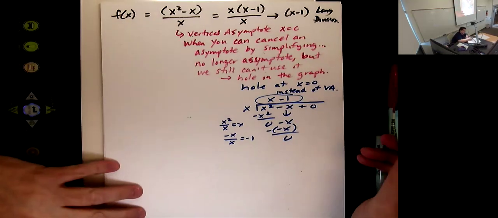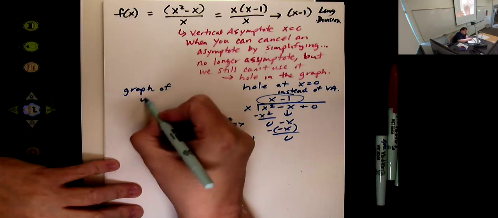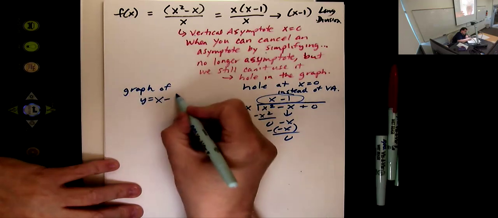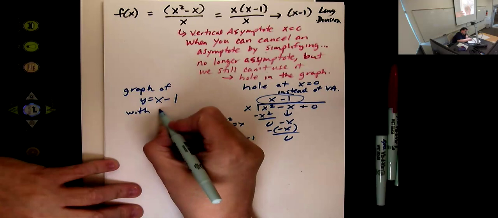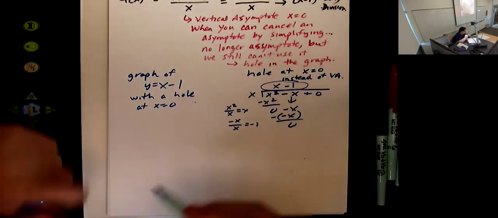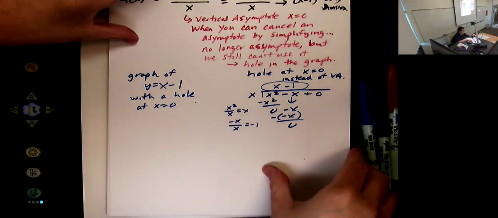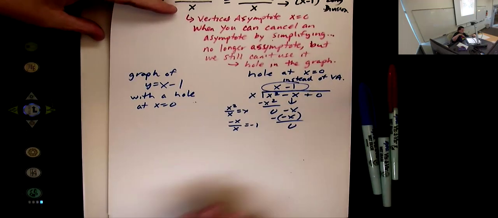We saw the graph of this. This is the graph of y equals x minus 1 with a hole at x equals 0. Let's do one where it doesn't cancel, but there's still a slant asymptote.